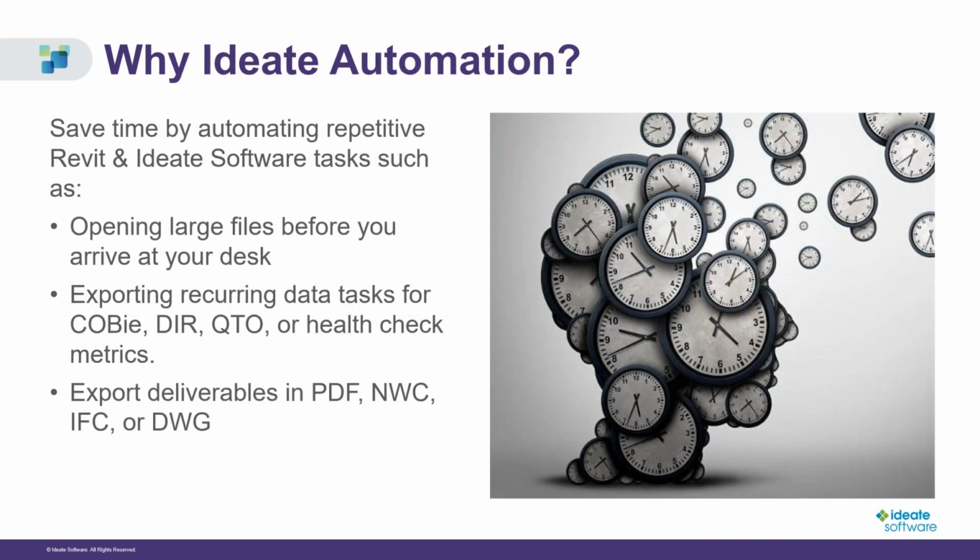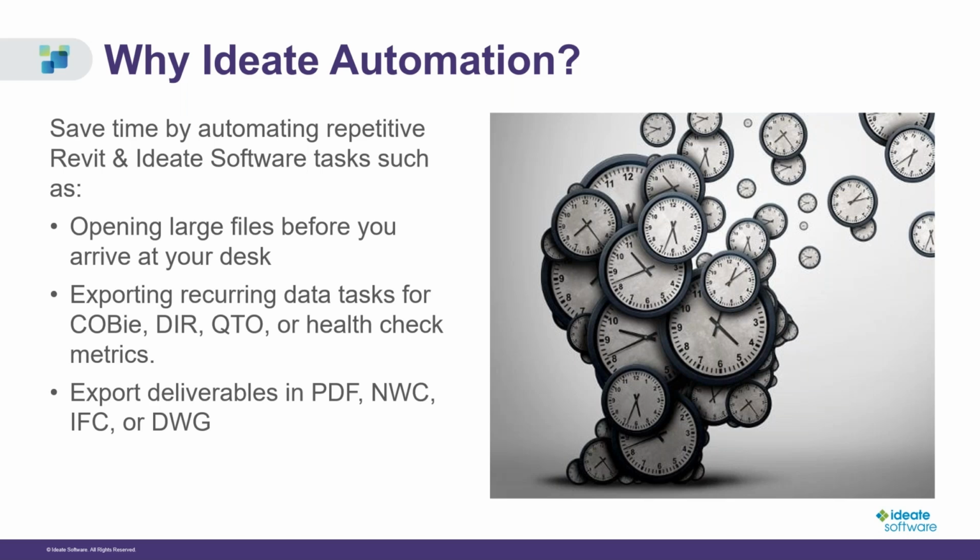So what is the premise behind automation? As we've been saying, we want to automate common repetitive tasks and make sure that we are on point when we try to export things that are recurring. For example, your COBie data, your DIR or QTO or health check metrics, or any deliverables like the PDF, NWC, IFC, and DWG.